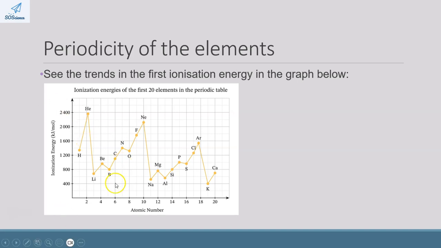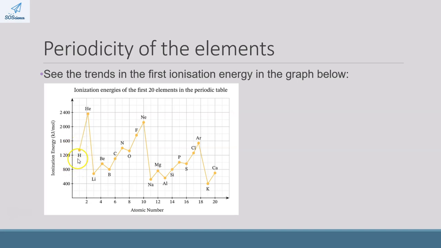We just need to worry about the general upward trend where it takes less energy to remove an electron from an element at the beginning of a period, relative to an element later on in that period. So we can see that general upward trend. The other thing we can see is if we consider the start of each period.